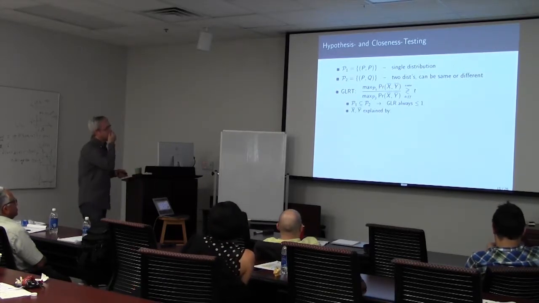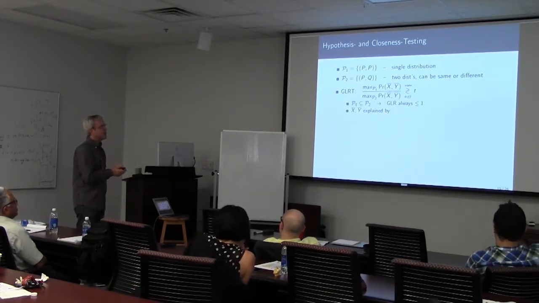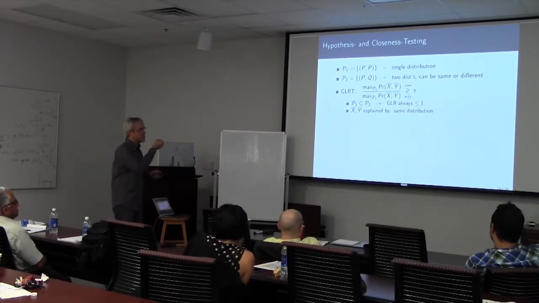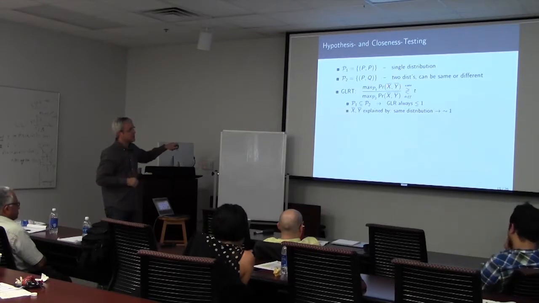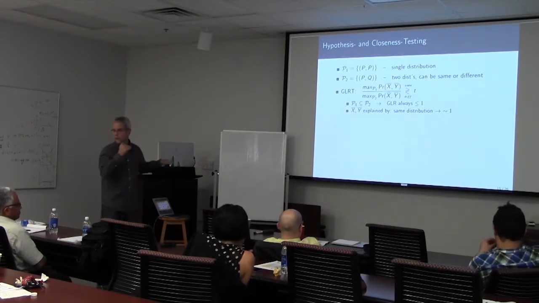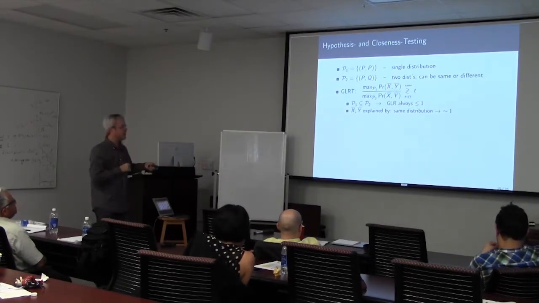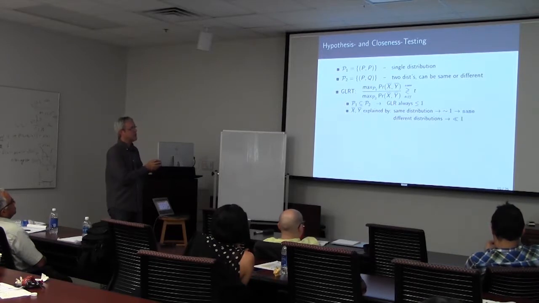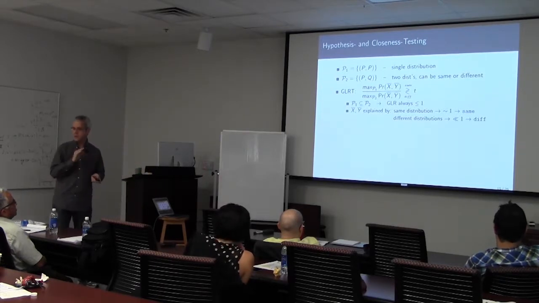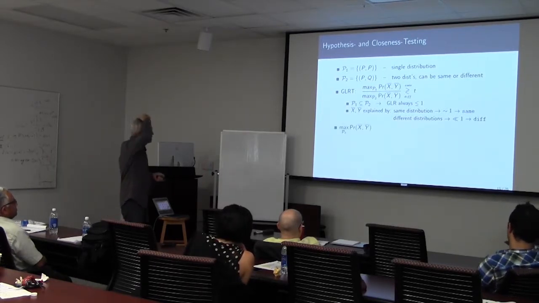So if X and Y are explained by the same distribution, if there's one distribution that explains both X and Y, then we expect the numerator and denominator to be roughly the same, and the ratio to be roughly 1. So then we'll say same. On the other hand, if they're explained by two different distributions, then the denominator will be much larger, so the ratio will be much smaller than 1, and then we'll say they're different. Okay?